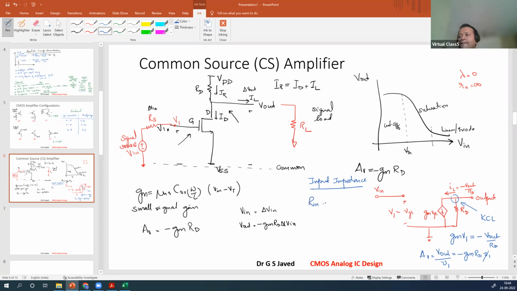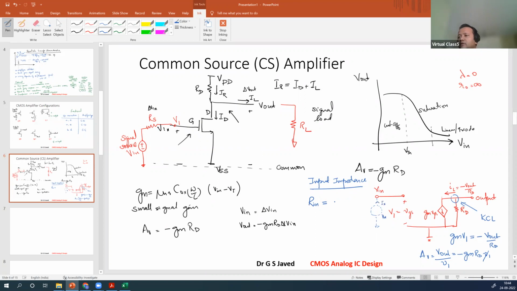Rin. How do you do that? Give a test input signal, Vx, it will have its own current, Ix.